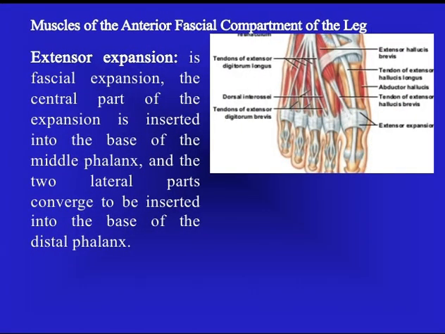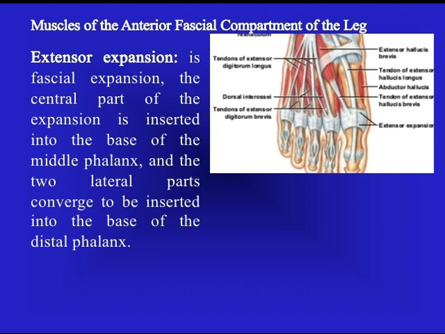Regarding the extensor expansion, it is a fascial expansion in which the central part is inserted into the base of the middle phalanx, and the two lateral parts converge, that is, unite, to be inserted into the base of the distal phalanx.